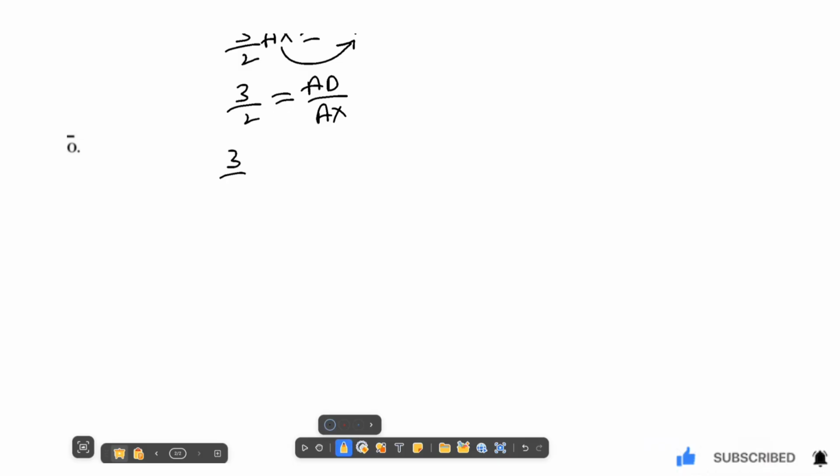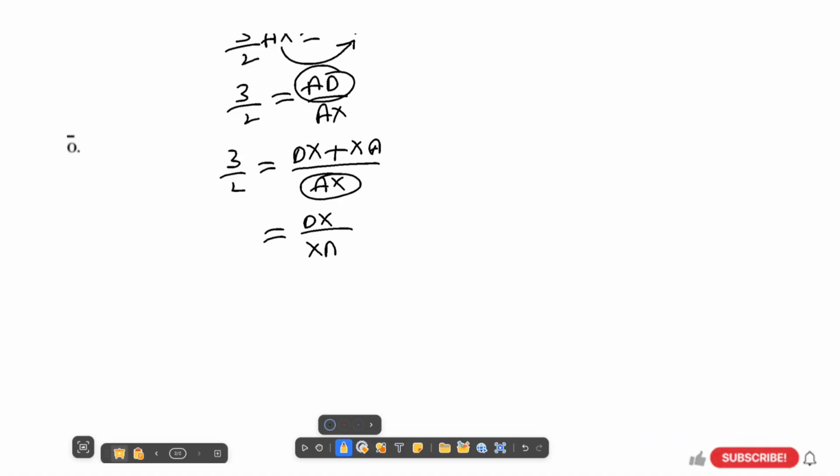So 3 by 2 is equal to dx plus XA by AX. Now separate the denominator. We can write dx by XA plus XA by XA. We have separated the denominator AX for both the terms dx plus XA.